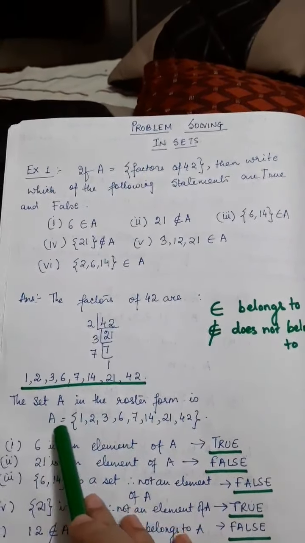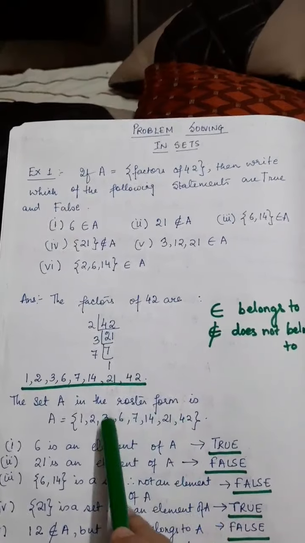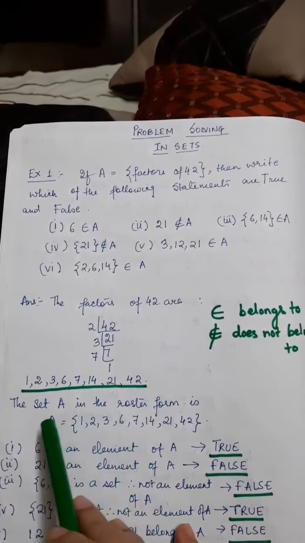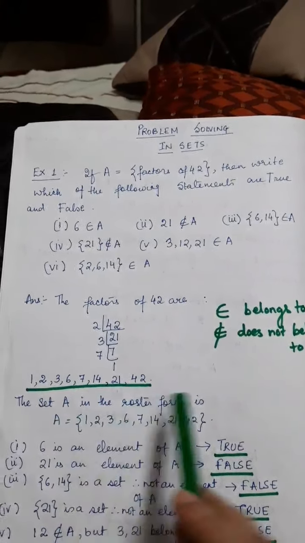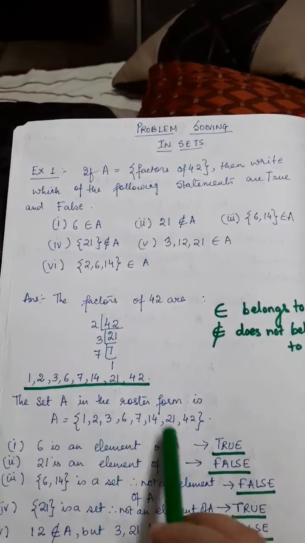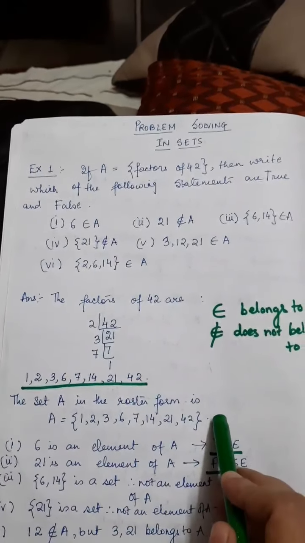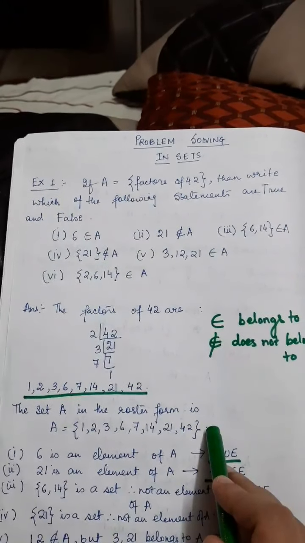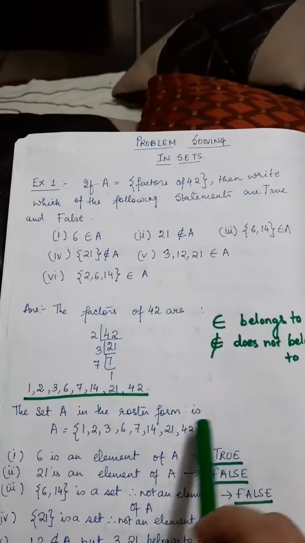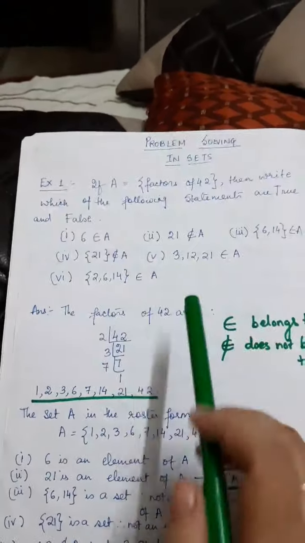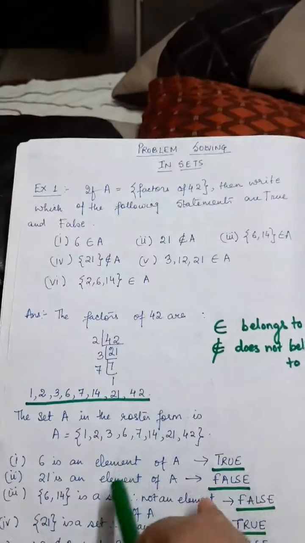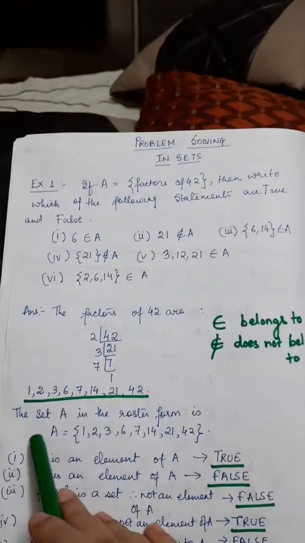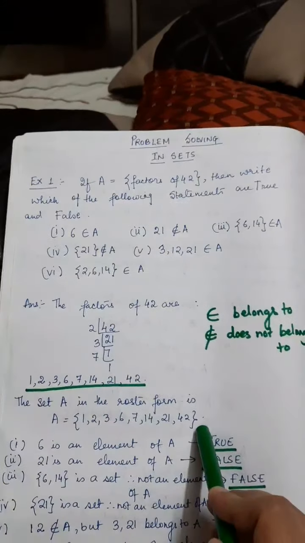So these are all the factors of 42. So set A is equal to, within curly brackets, you write factors of 42. This is actually the roster method, the second method of representation of a set that I have taught you. So you write this set which is given in description method in roster form. So A is equal to factors of 42.